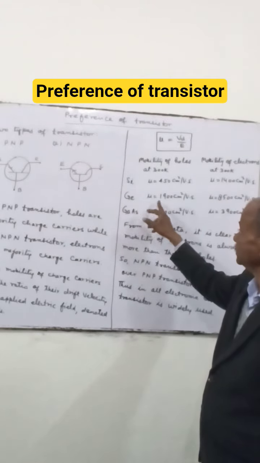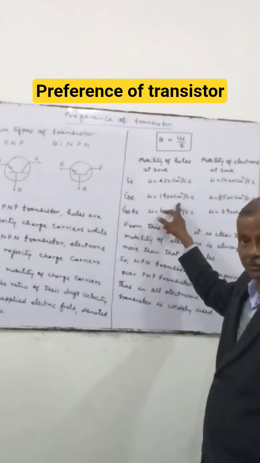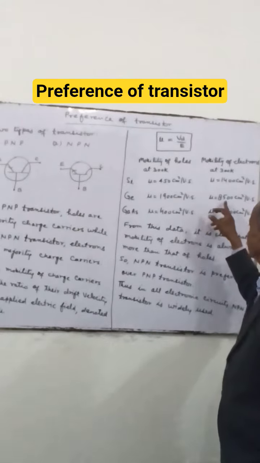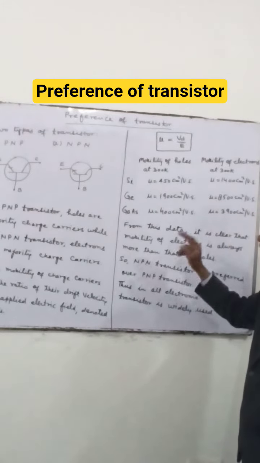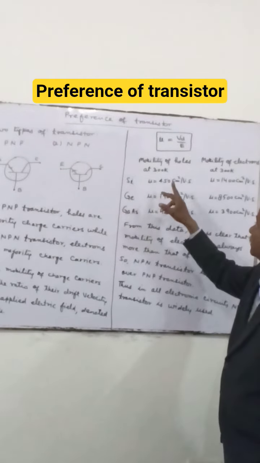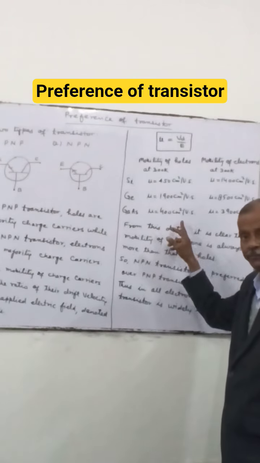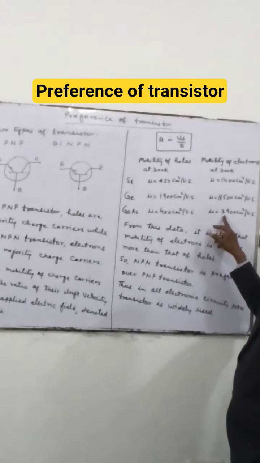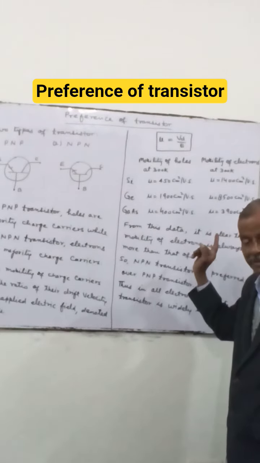For germanium, the mobility of the holes is 1900 centimeter square per volt second, and for electrons the mobility is 8500 centimeter square per volt second. For gallium arsenide, the mobility of holes is 400 centimeter square per volt second, and that of the electrons is 3900 centimeter square per volt second.